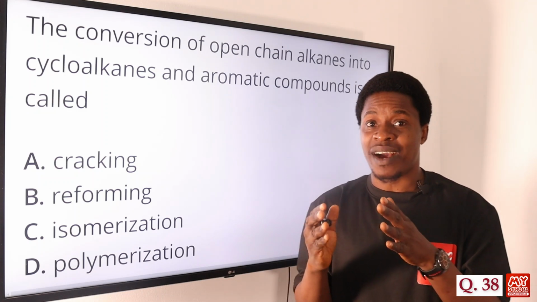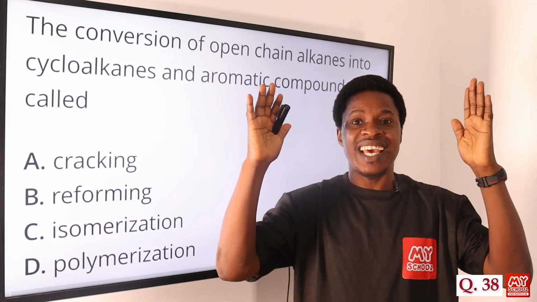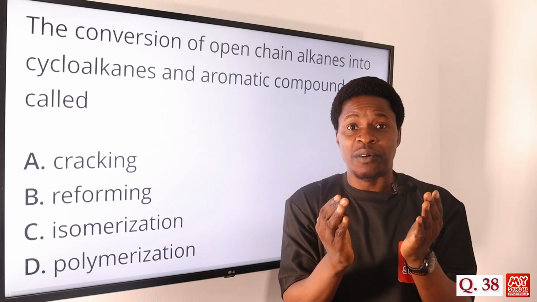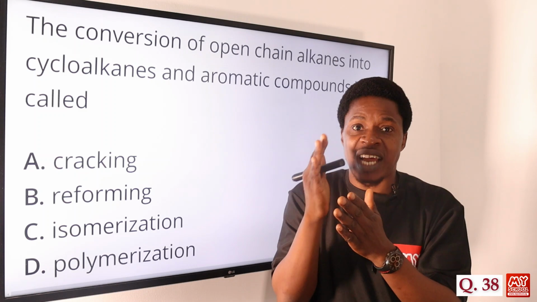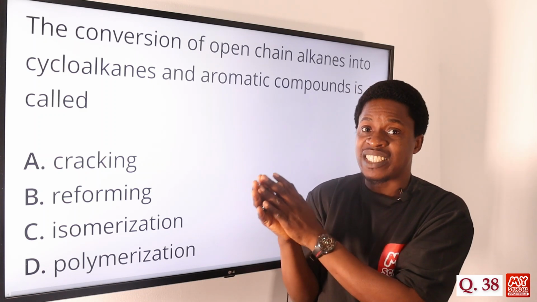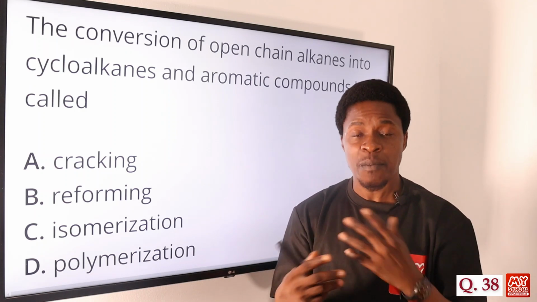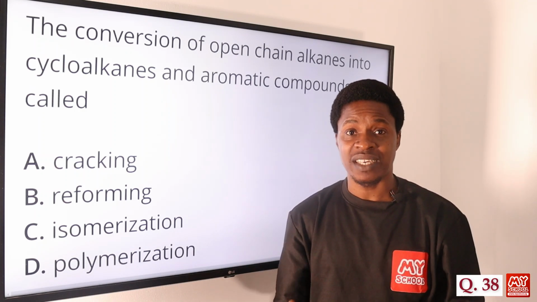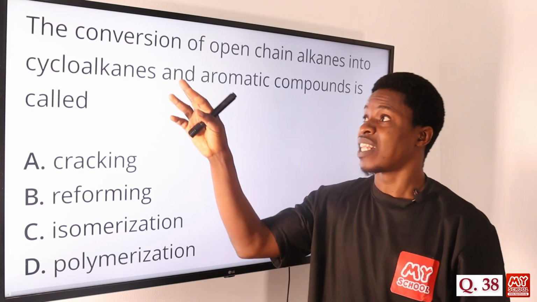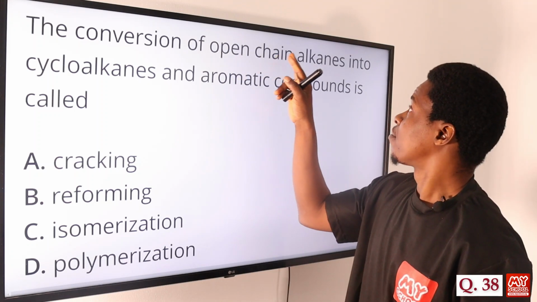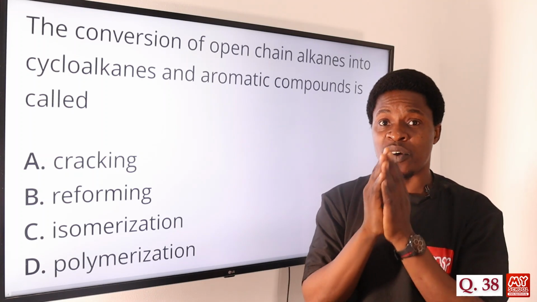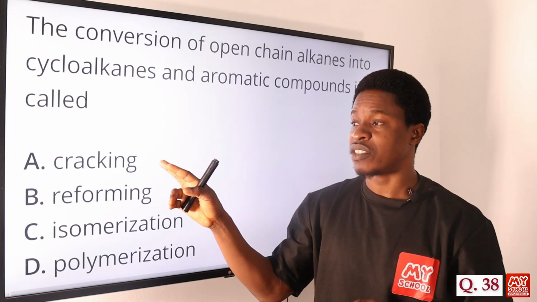When we talk about cracking, there is a higher molecular hydrocarbon that is broken down into simpler and smaller hydrocarbons. Of course, we can have thermal cracking when we use heat, and then we have catalytic cracking. But this now is conversion of open chain alkanes, not breaking down of a large molecular hydrocarbon into smaller ones. So it is not option A.